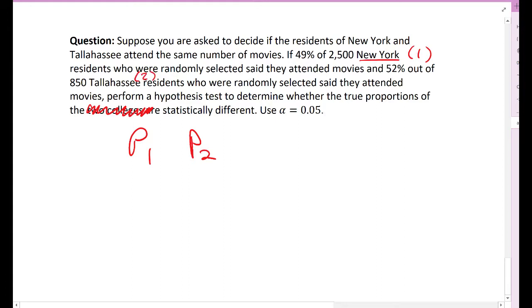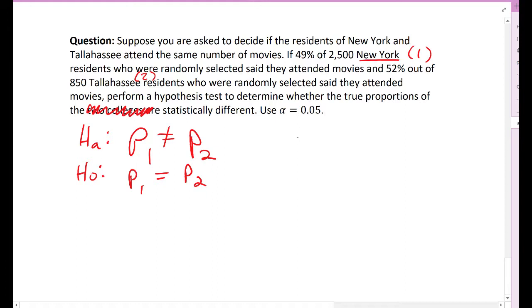It really doesn't matter how you designate what, but we'll just go with that. So 1 for this is New York, 2 is Tallahassee. All right, we're trying to test if P1 is different than P2. So that means the HA is a not equals to. You guys know what's up with the null. It's an equals to, just like before.